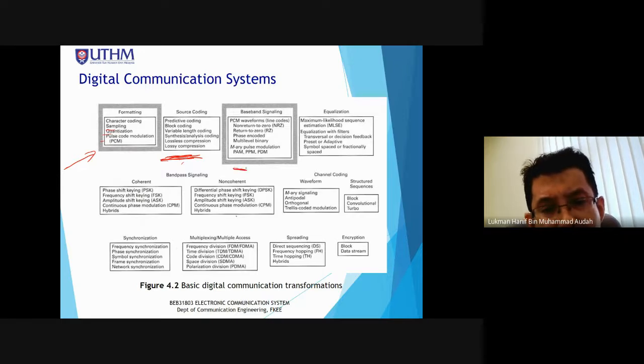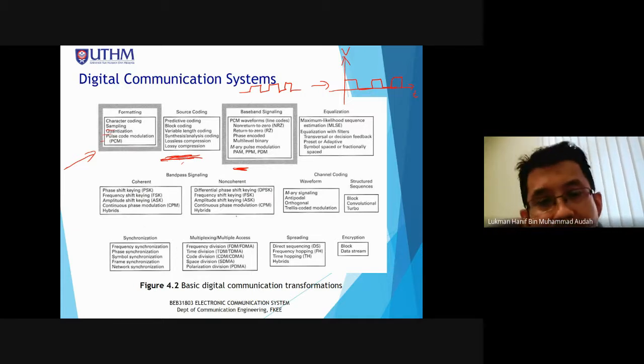Baseband signaling akan juga dipelajari dalam chapter 4. Macam mana kita nak menghasilkan baseband signal. Baseband signal ini biasanya digunakan dalam wired transmission. Bermakna tadi kita ada digital data, we need to convert into baseband signal. Baseband signal biasanya dalam bentuk digital pulses. Ini adalah bentuk voltage, voltage versus time.